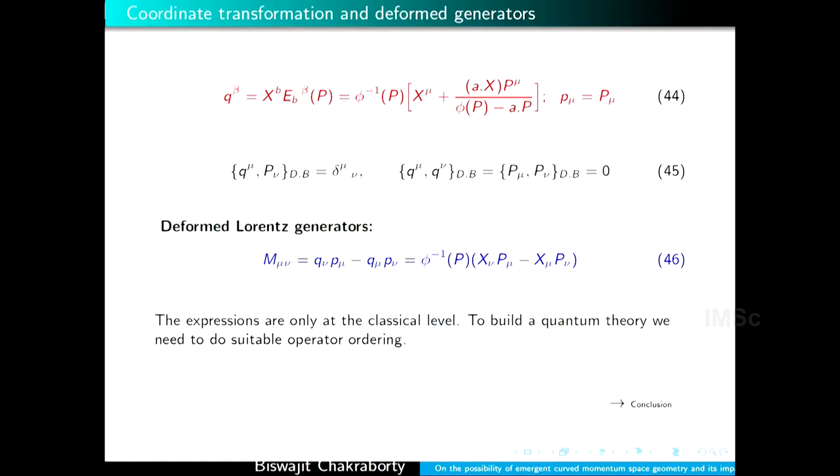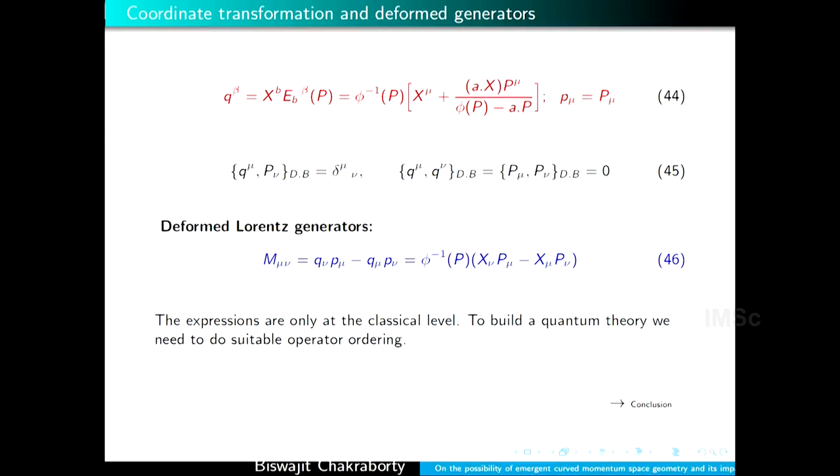Finally, I just want to pass a remark that I can introduce some sort of coordinates, carrying out a non-canonical transformation using this tetrad again, and introduce the q's which are commuting. You can see equation 45. Using that I can use the deformed Lorentz generators, and these expressions are all at the classical level.